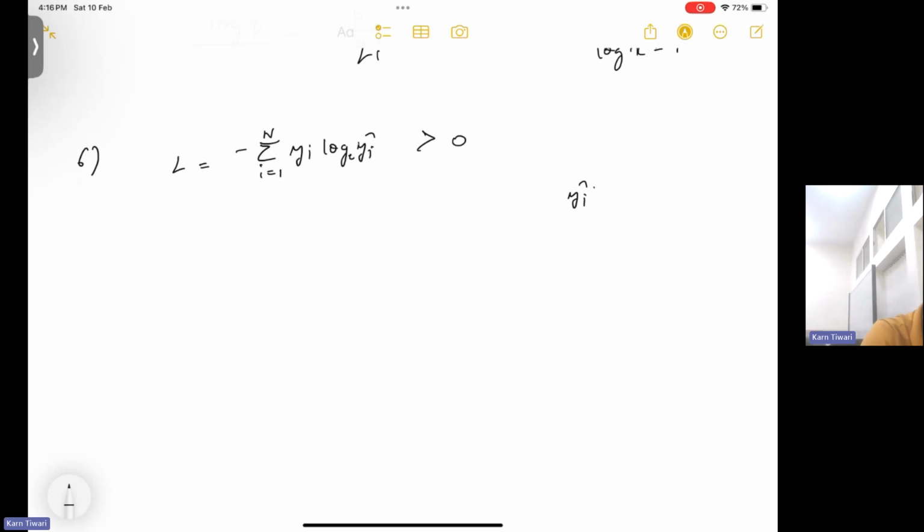Then yi cap is e as well. Suppose we could take it as 1 by e. So let me just check it quickly.